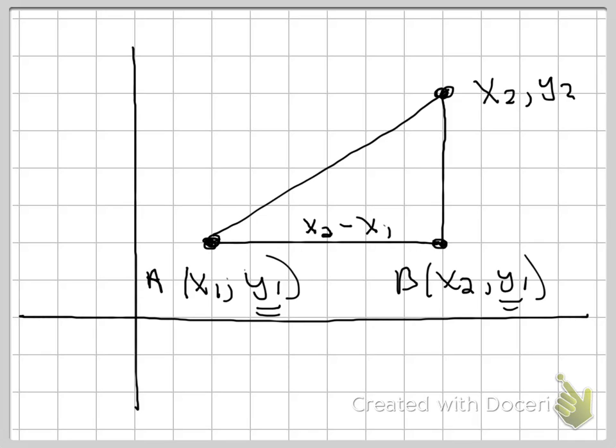The distance from B to our point C up here, their x's are the same, so I can subtract their y's, is y sub 2 minus y sub 1. Okay, if I put a variable, we'll call it C again because that's a hypotenuse, then I can apply the Pythagorean theorem.